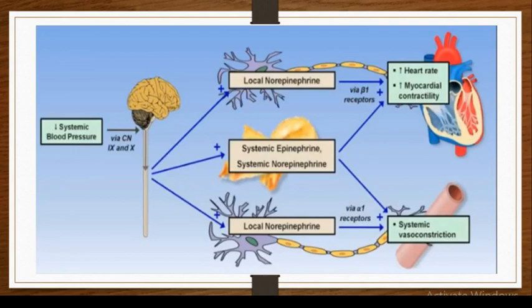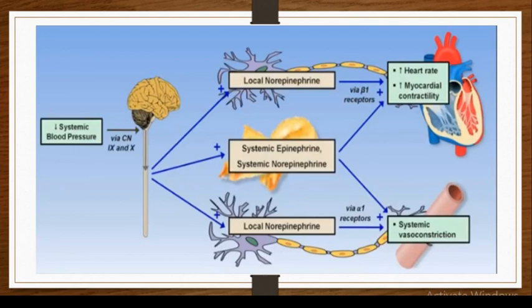And as we've seen already, an increased cardiac output will increase the systolic blood pressure. Similarly, we may also have systemic epinephrine and systemic norepinephrine going through the same route and affecting the heart to increase the heart rate as well as the myocardial contractility.